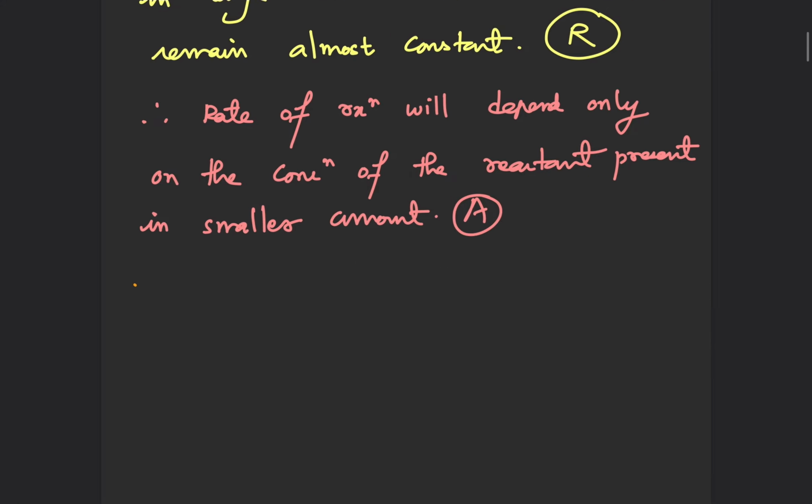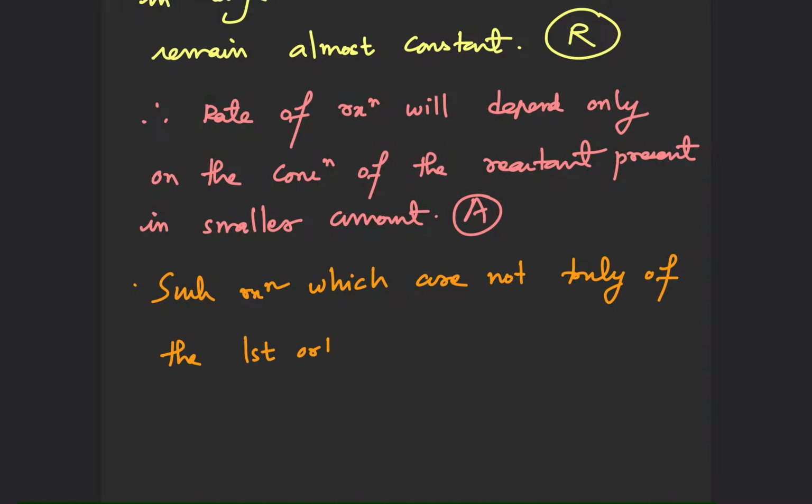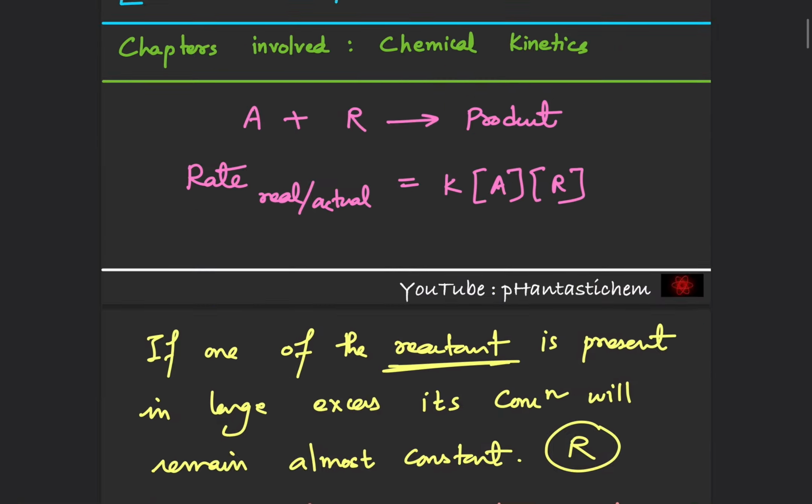Okay. So such reactions which are not truly of the first order. For example, in our case, it was actually a second order reaction. But since the concentration of R is huge, the rate depends only on A. So therefore, it becomes a first order.